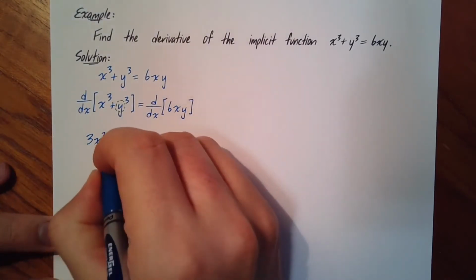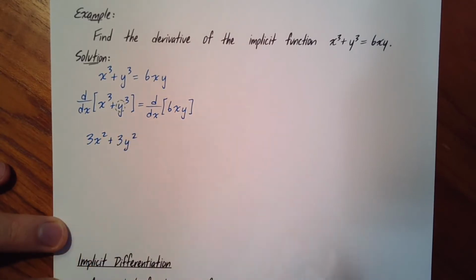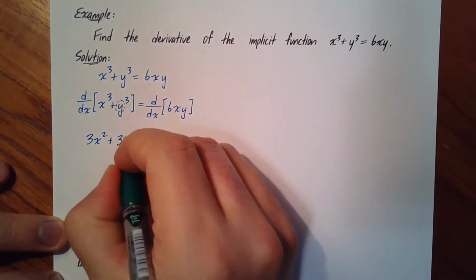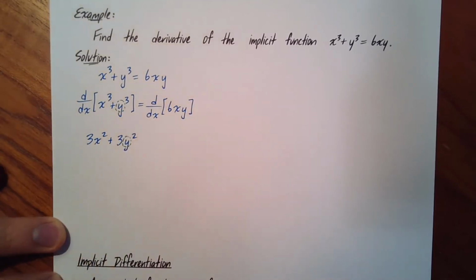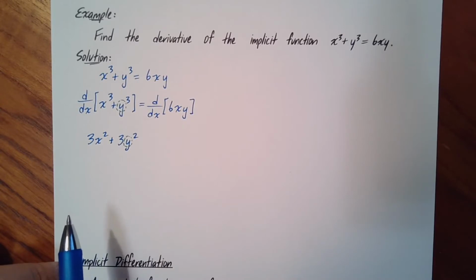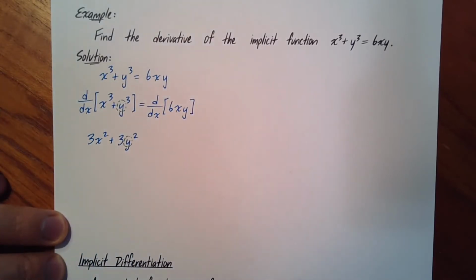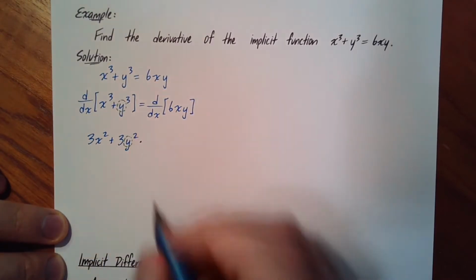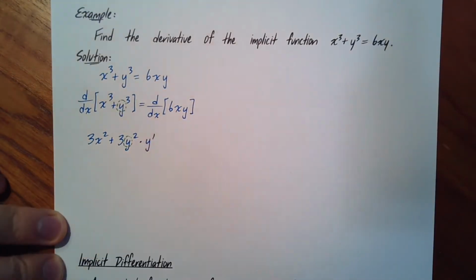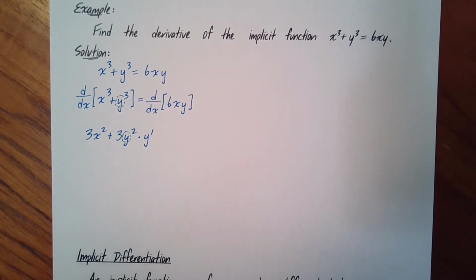So we're going to get 3y squared, and that's the chain rule in action here. And then, remember that's only part of the chain rule. We still have to multiply by the derivative of the inside function. And if the inside function is y, then we're going to have to just write y prime. That's the derivative of the inside function. Okay, so that's the left-hand side.